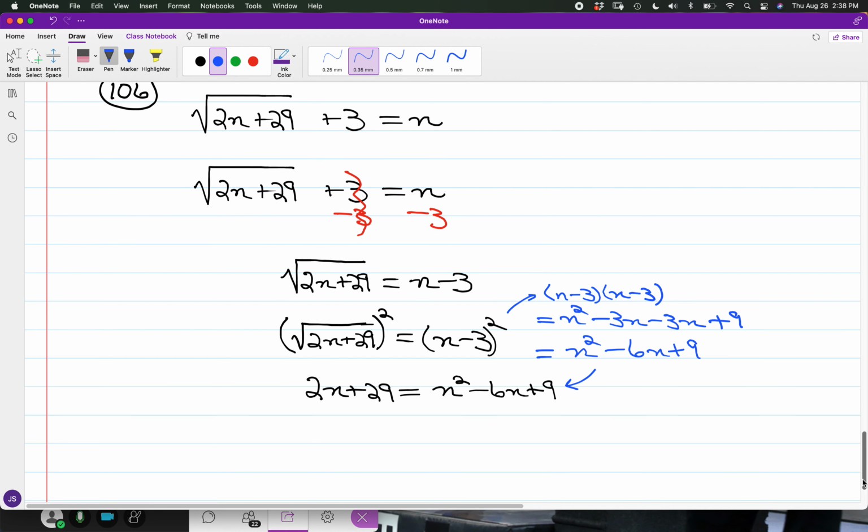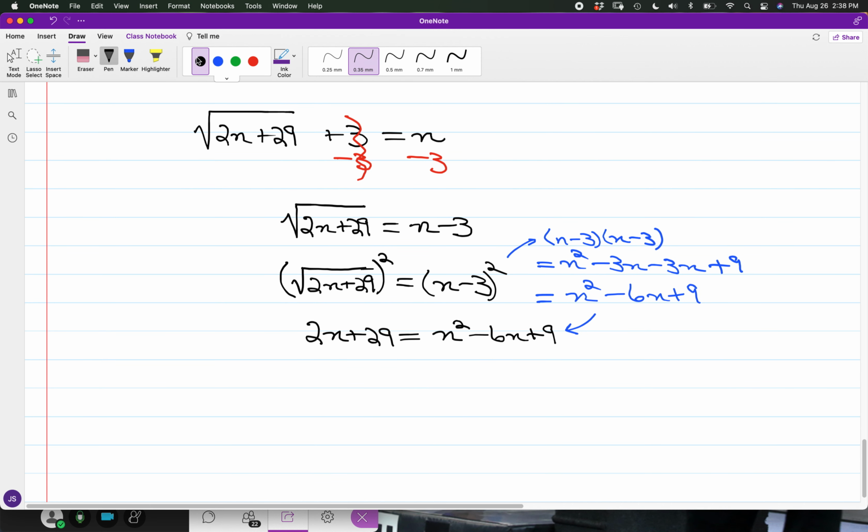So we have another quadratic equation. Now the highest degree term, we have it n to the second.